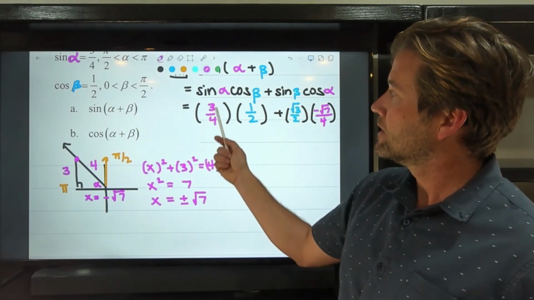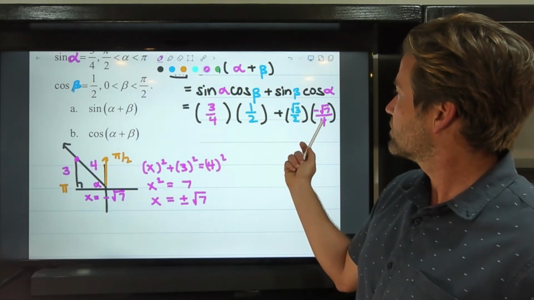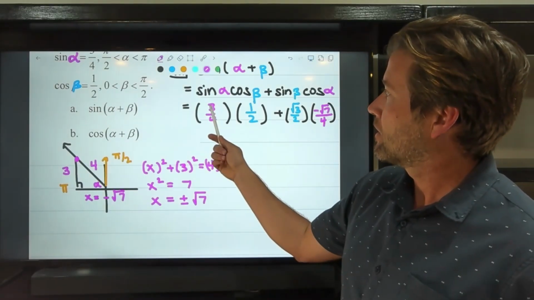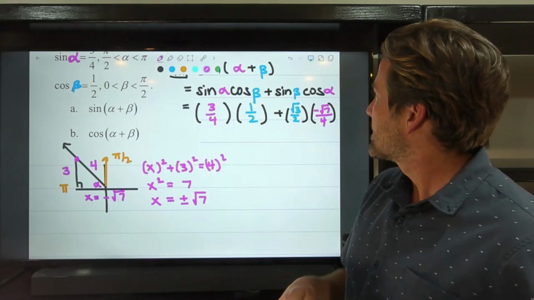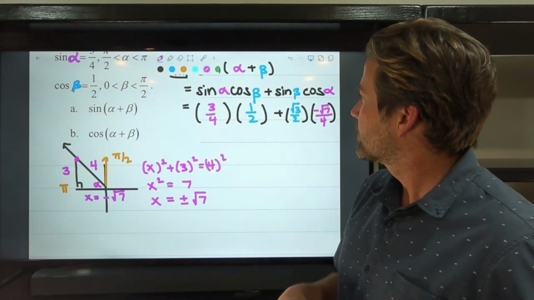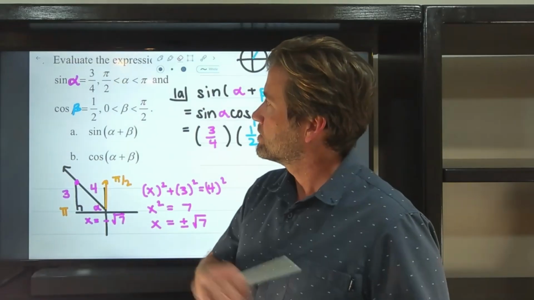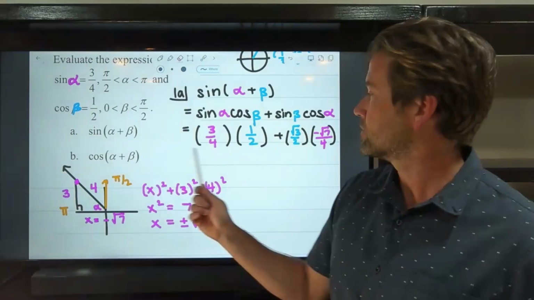Sine of alpha, this 4 here should be the hypotenuse. This 4 here is also the hypotenuse. That matches up, if we look at it as opposite over hypotenuse and adjacent over hypotenuse. Alrighty. We should also know that this angle alpha is in the second quadrant, and cosine of those angles in the second quadrant should be negative.